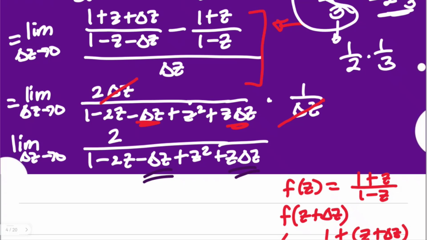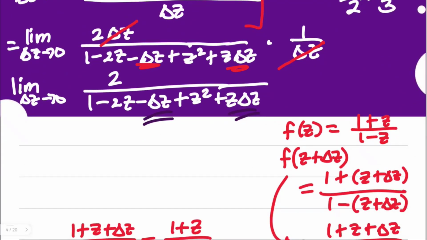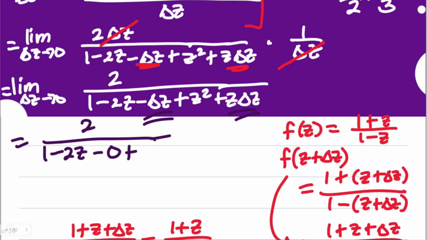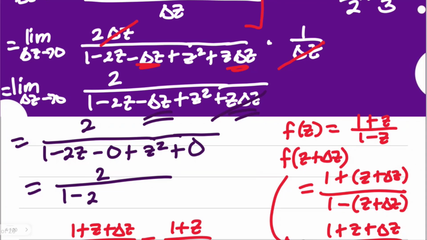Therefore, applying the limit now, let me write your equality here earlier. So applying that, you will have 2 over 1 minus 2z, because it's only delta z that will approach 0, minus 0 plus z squared and plus 0. So basically your final answer is 2 over 1 minus twice z plus z squared.